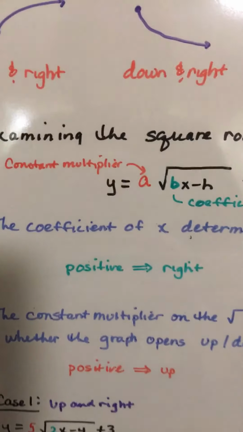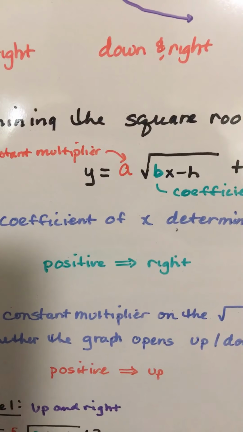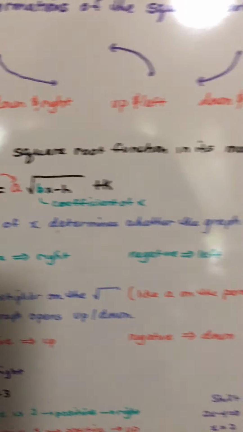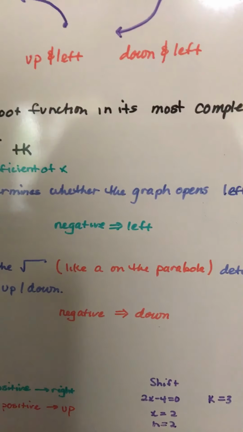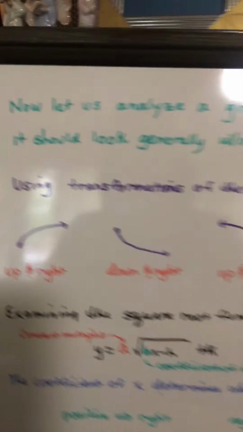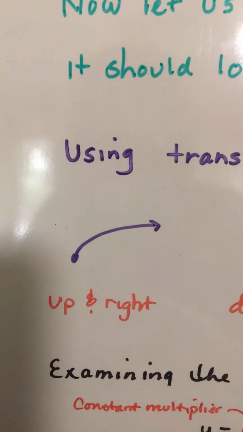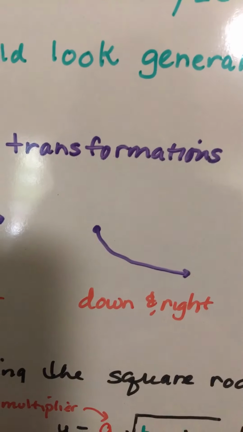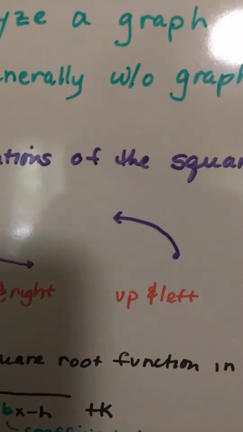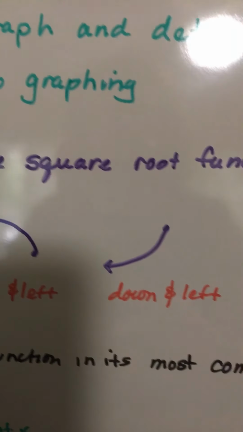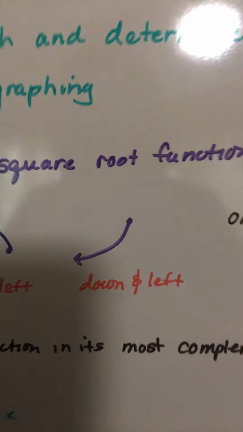If the coefficient of x is positive, you open right. If the coefficient of x is negative, you open left. So notice the coefficient of x was positive, positive, negative, negative.